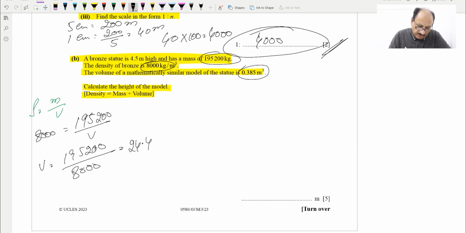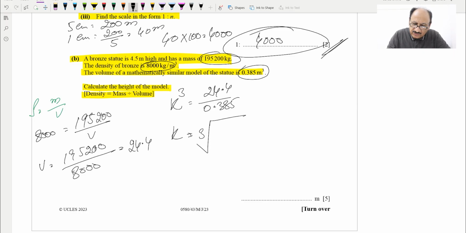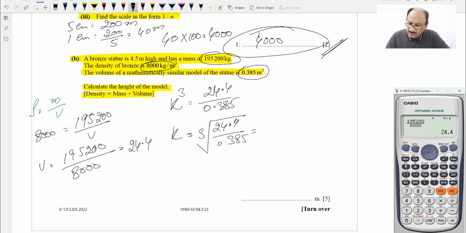So ratio we can calculate. Volume ratio we are taking as k cube, so k cube is equal to 24.4, volume of the bronze statue, divided by the volume of the similar statue, which is 0.385, and k value will be cube root. We will be taking cube root of the same 24.4 over 0.385, and this will give us k, which is conversion ratio.